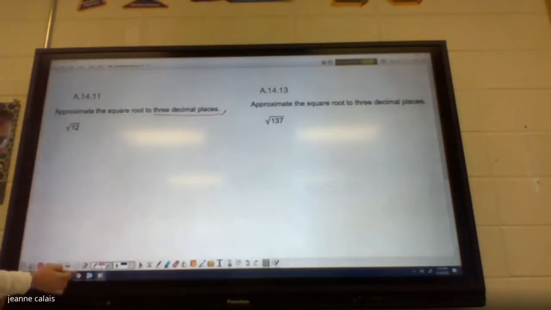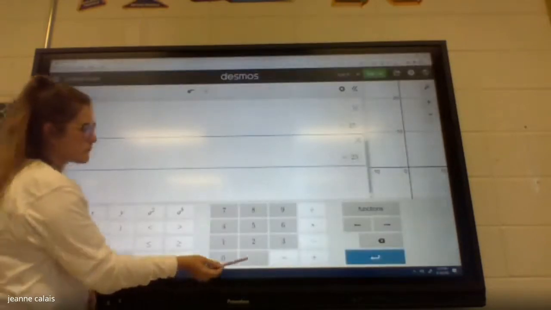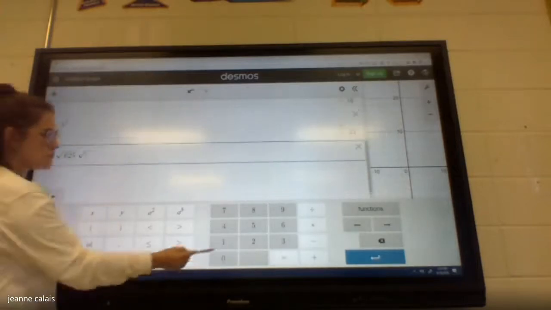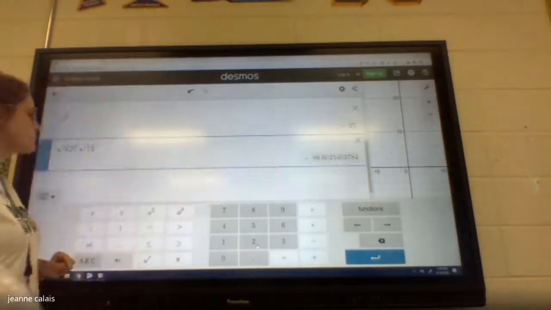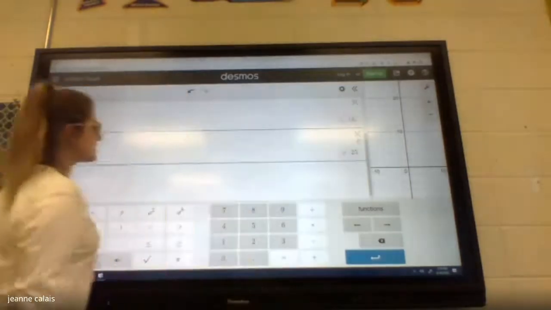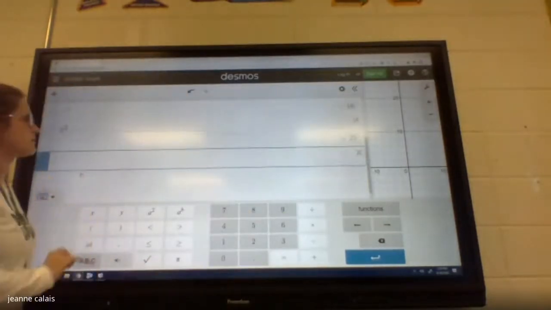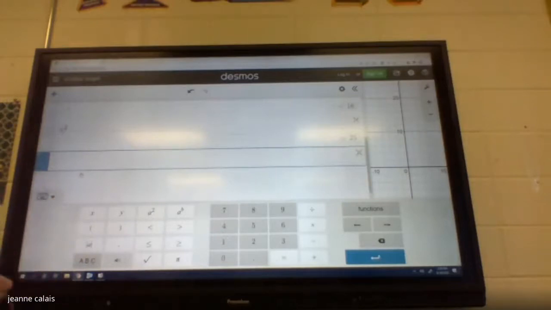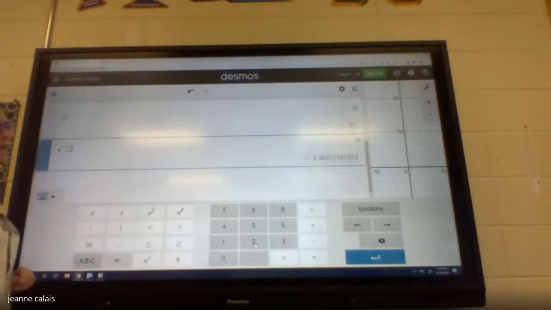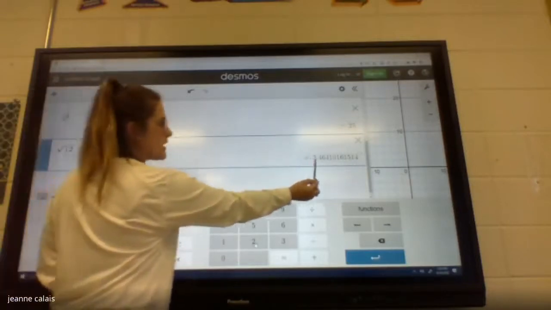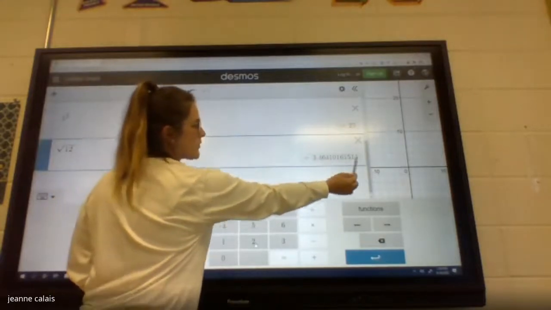So I have the square root of 12. So I'm going to go to Desmos, and I'm going to type square root 12. Okay, and it gives me, here's my decimal here. Oh, sorry guys, be careful, make sure you're in an empty box. I was still in my box above. Okay, that looks more like the actual answer. All right, so it gave me 3.464 and so on.